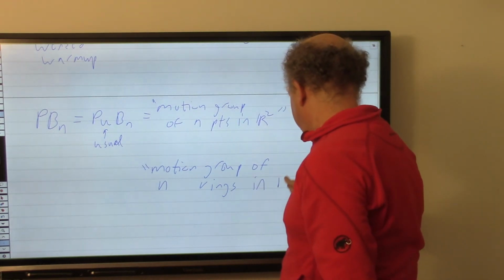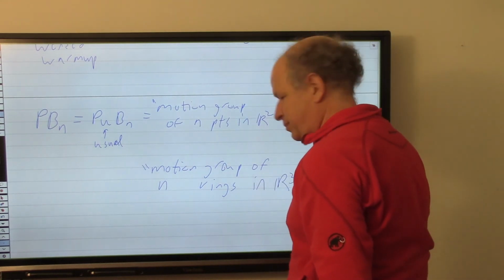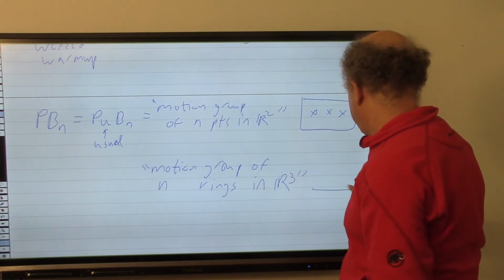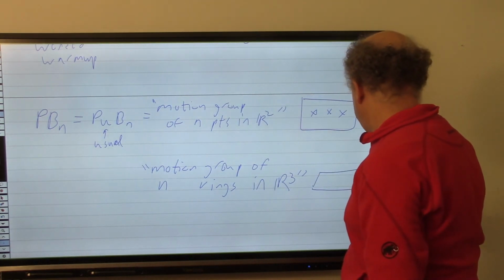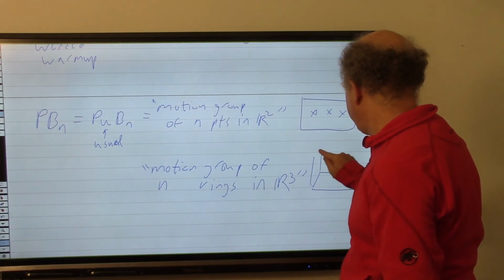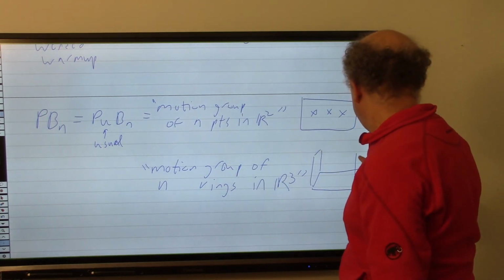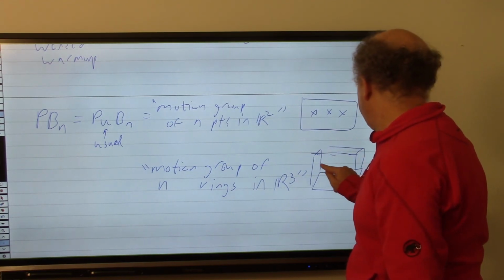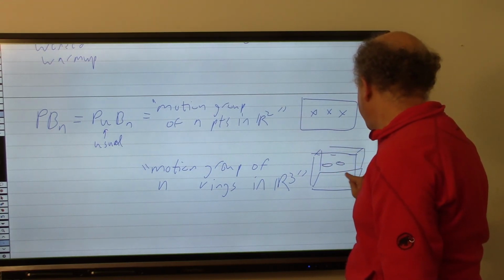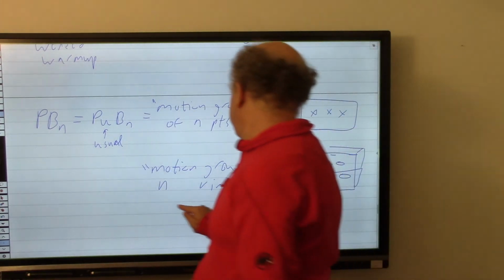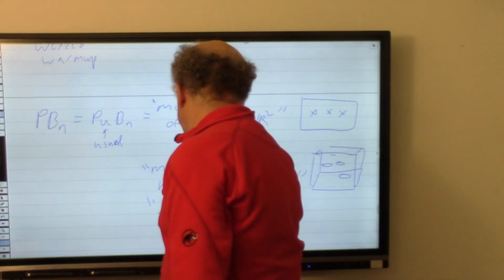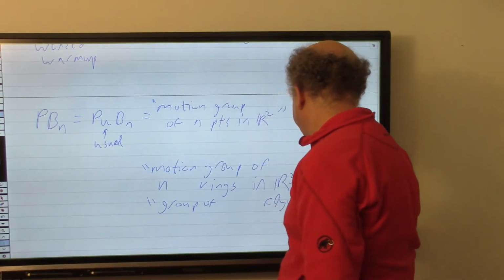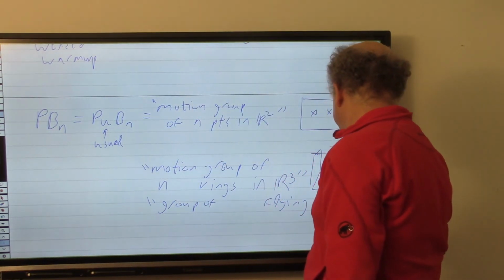In R3, so the picture is, I don't know, you have a chunk of R3, and in it you have n flying rings, so it's also called the group of flying rings.